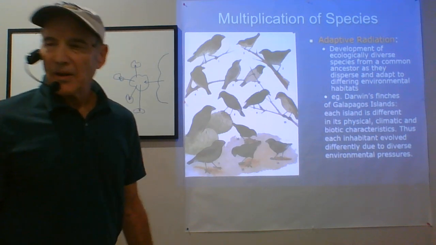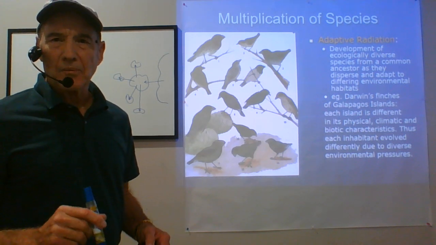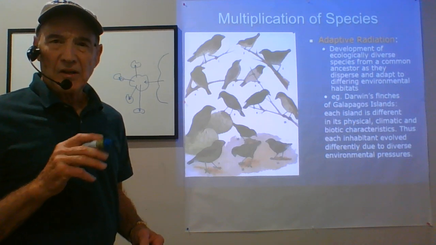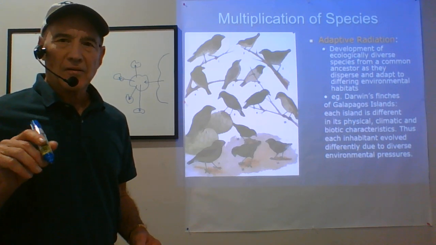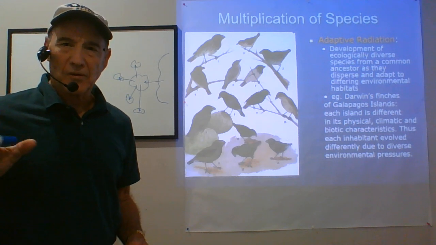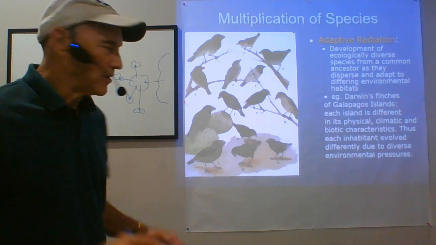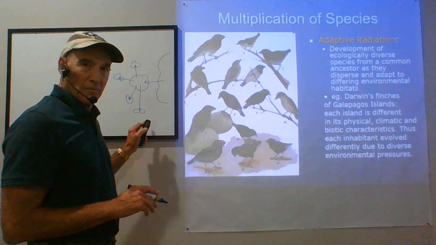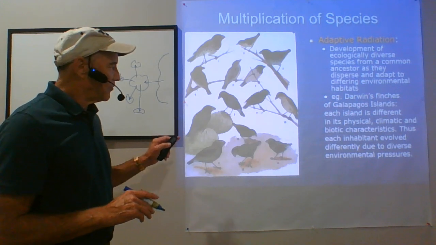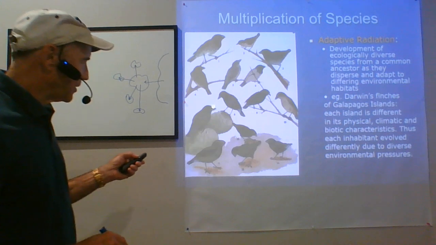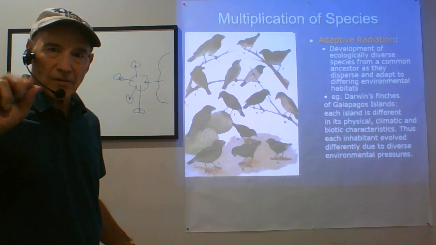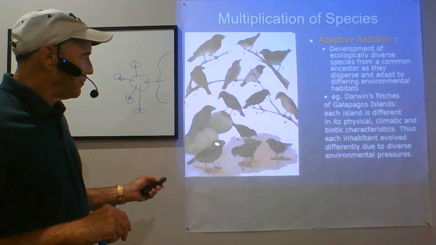Over time, the beaks of these birds changed and became adapted to those types of foods. So, in other words, where the nuts were, the birds evolved thicker beaks. You see this beak here, it's strong enough to crack a seed.